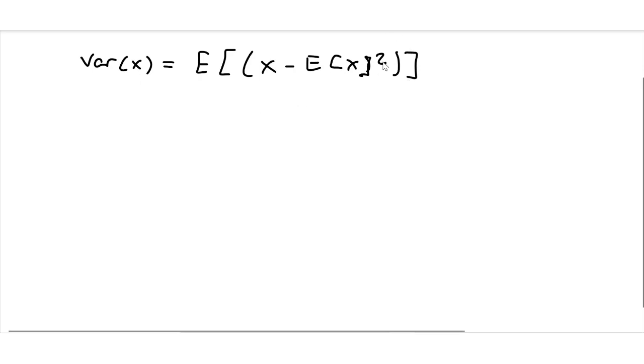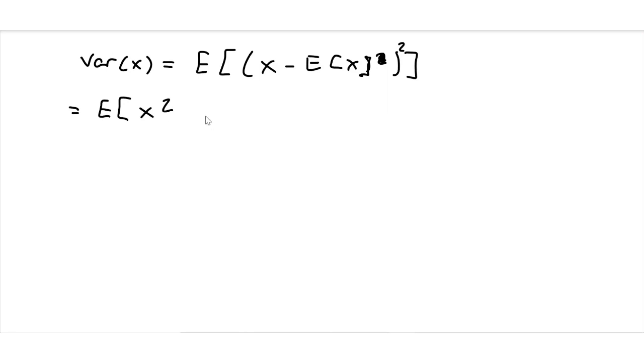Sorry, I've put the square in the wrong place, it goes after this bracket. So we expand out the bracket, and this expectation is the expectation of X squared, minus 2X times the expectation of X, plus the expectation of X, all squared.